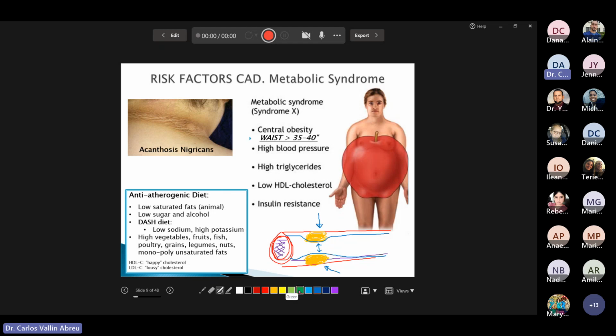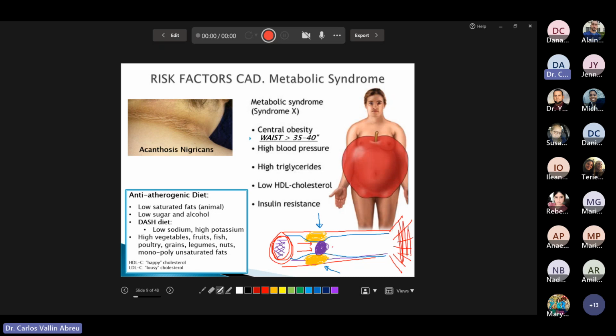And when the plaque breaks, the body will activate the coagulation system and will produce a clot that totally blocks the movement of the blood, so the blood cannot pass. And then all the cells that depend on this branch of the artery will die of infarction.